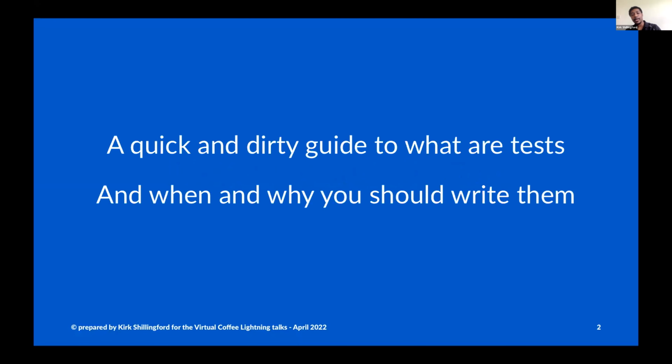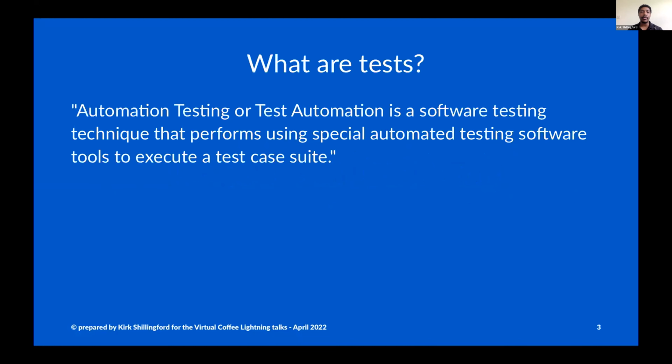Yeah, so a quick and dirty guide to what tests are and when and why you should write them. First, let's just start with some grounding literature. What are tests? Or like the tests that we're talking about right now, what are tests? We're specifically talking about automated tests. Automation testing, test automation, is a software testing technique that is performed using special automated testing software to execute a test suite.